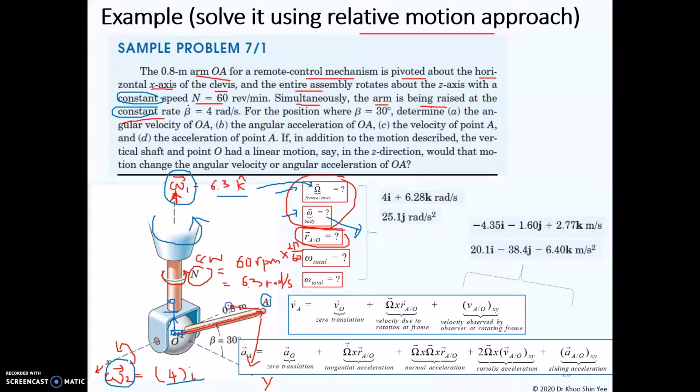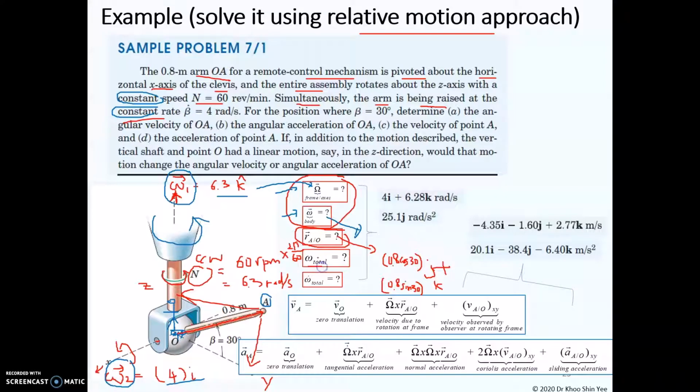If you project to this direction, you obtain the z component, which is equal to 0.8 sin 30 degrees. If you project to the x-axis, you obtain 0. Therefore, this vector will be in the j and k directions only. You should obtain this result.